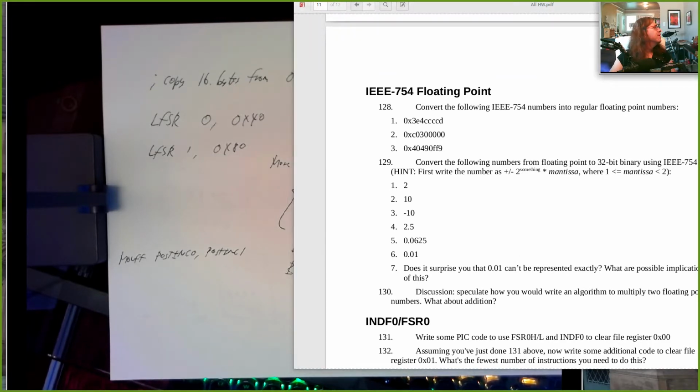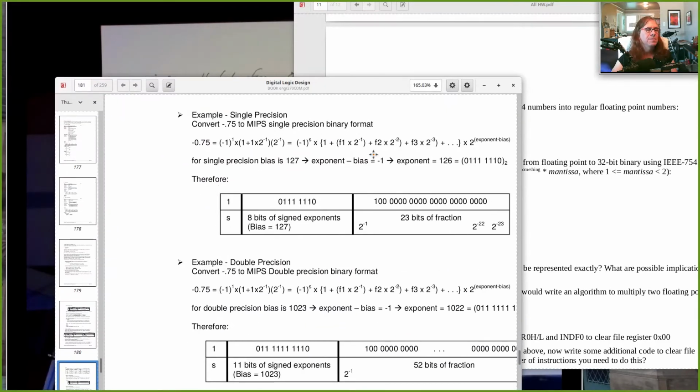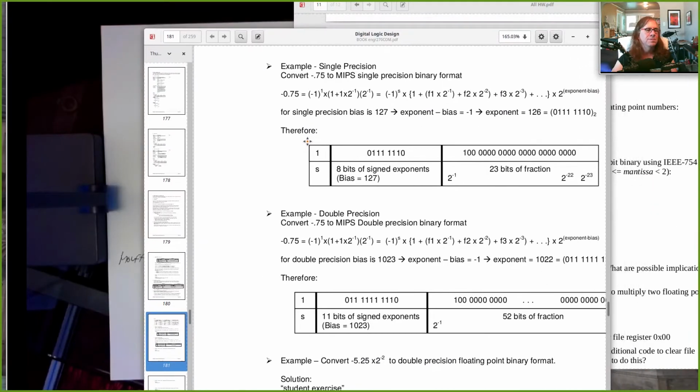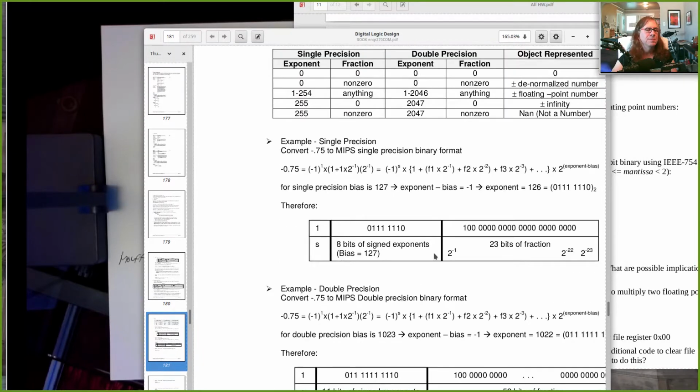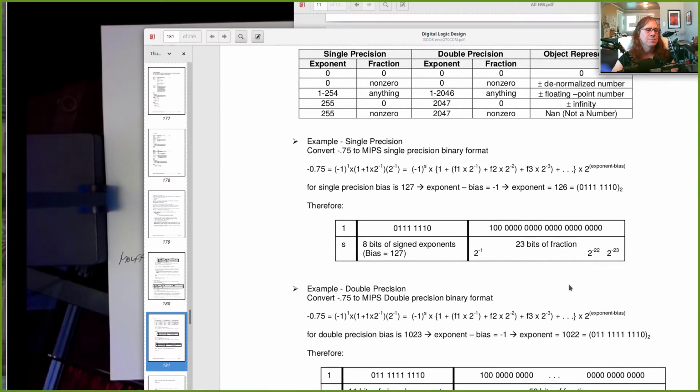Okay. Anything in particular that was confusing? Just what bits, when you try to break it into the 32-bit single precision. Okay.